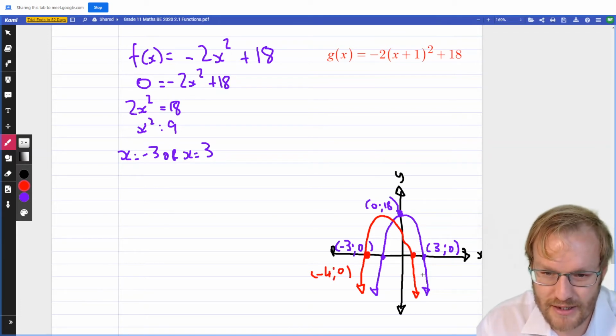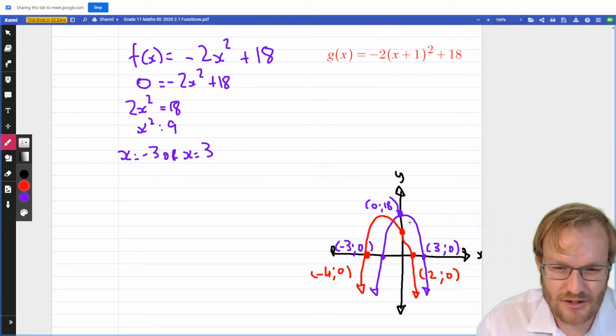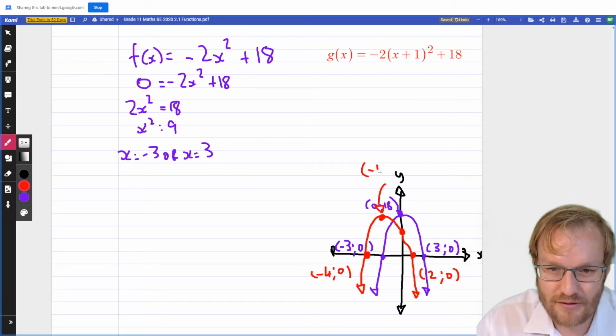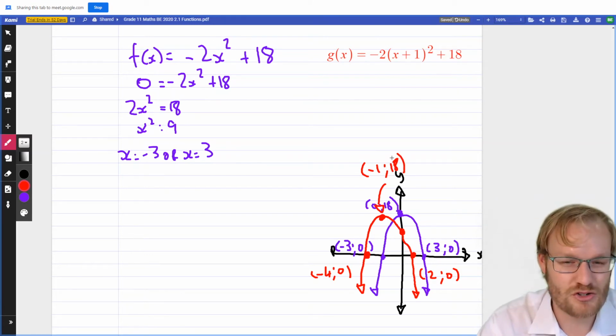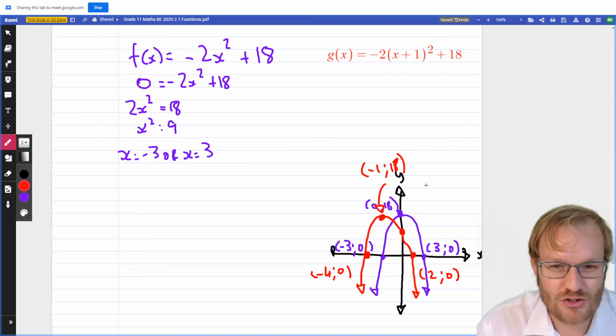This point here is going to be at 2. And this point here we definitely don't know. There's no way of directly seeing. And we know that this turning point is going to be everything left by 1, but we're not concentrating too much on the turning point just yet. But we'll see it's going to be quite easy to read off from the graph if it's in this form.